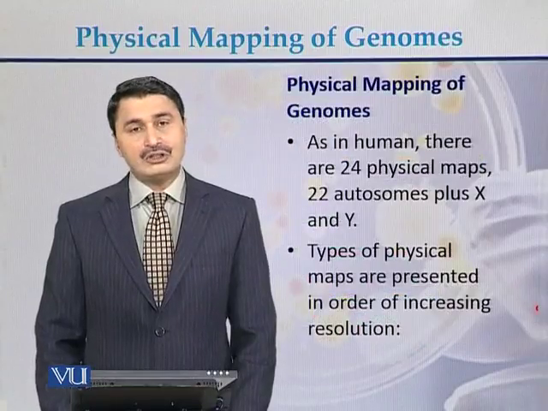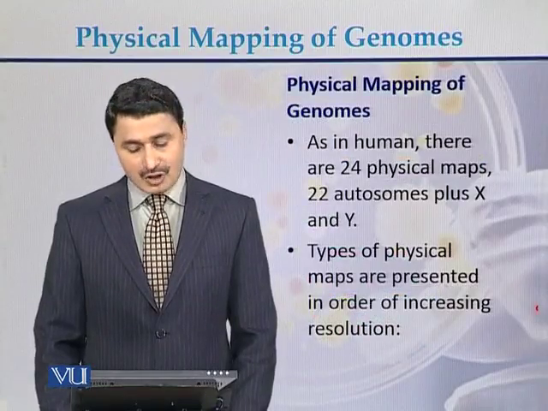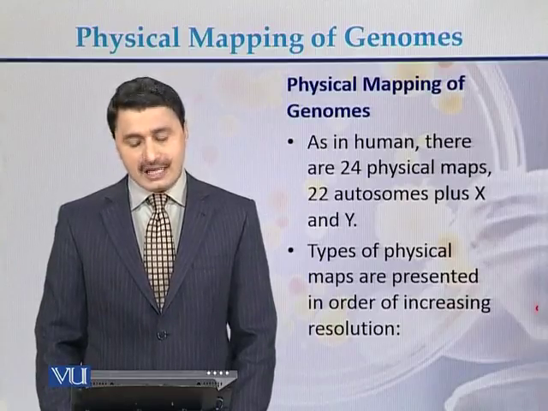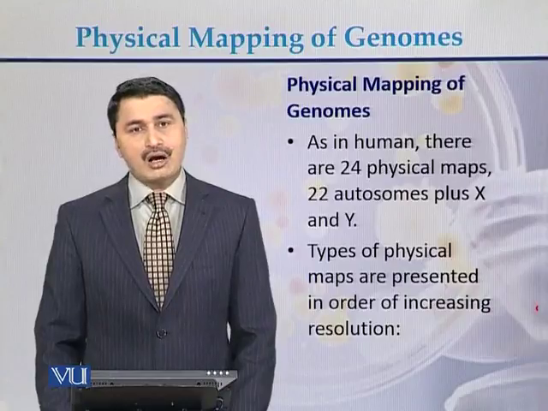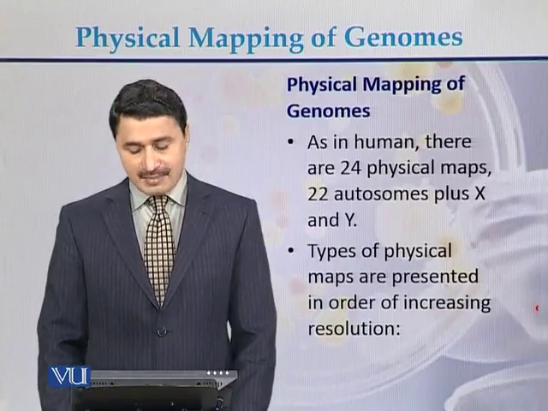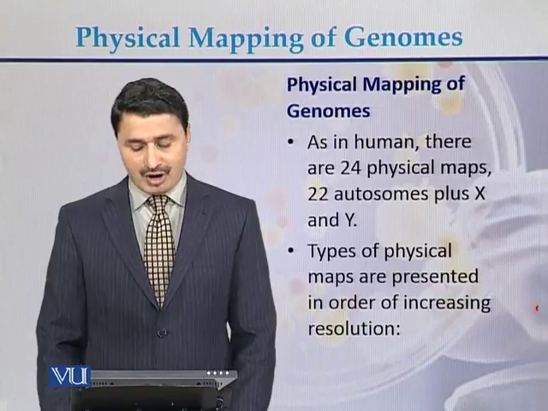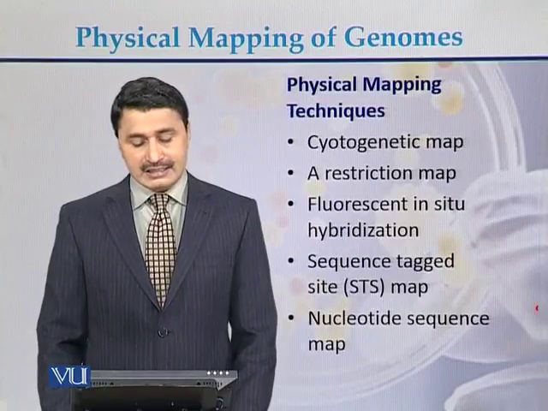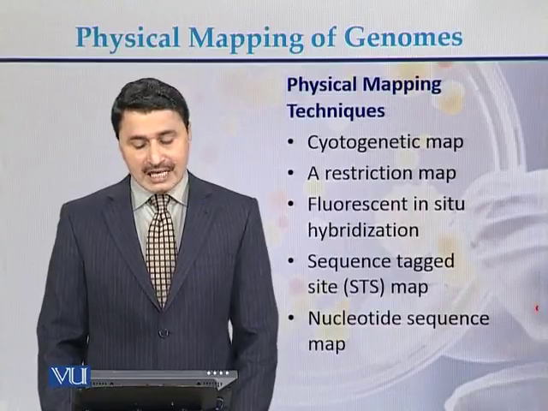An example of physical mapping of genomes is in humans. In humans, there are 24 physical maps: 22 are autosomes, one physical map is of the X chromosome and another is of the Y chromosome. The types of physical maps are presented in order of increasing resolution.